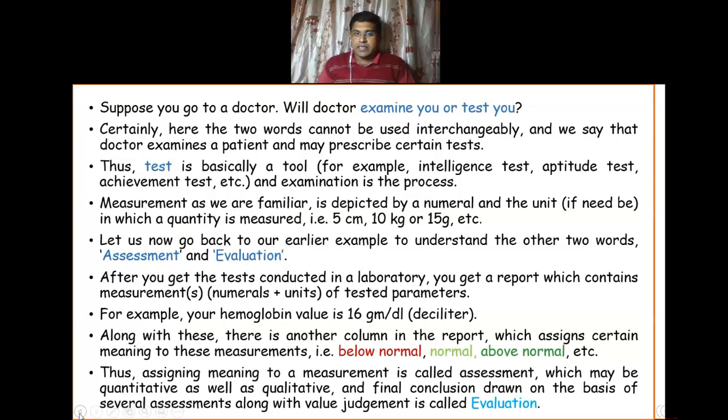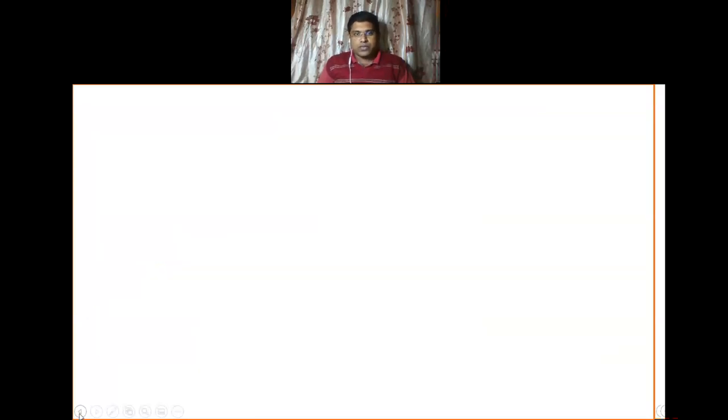One is a test, which is a basic tool. Examination is a process, and measurement is numerals that depend upon a quantity. Assessment gives the reports where things are assessed as good or bad, and finally, putting it all together, we can give an evaluation. I think you have understood.